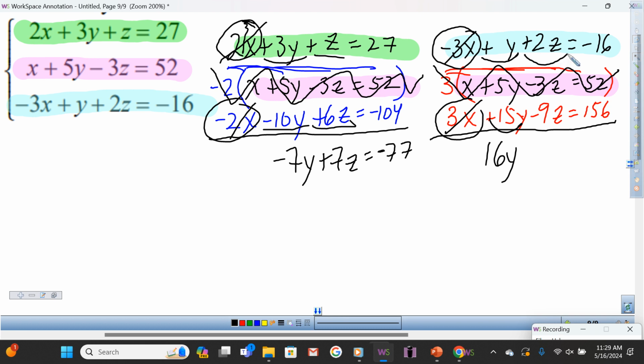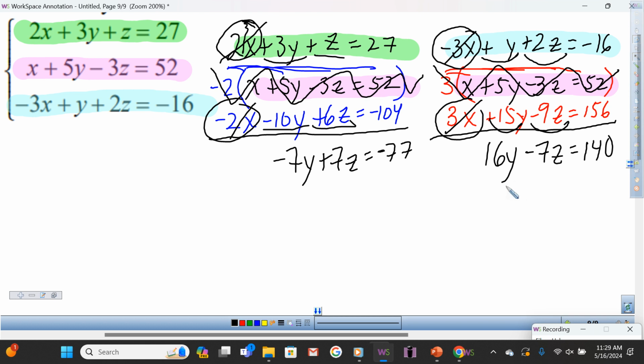Next, 2z and negative 9z is negative 7z. And then we got 156 minus 16, that is 140. Can we simplify this one anymore?